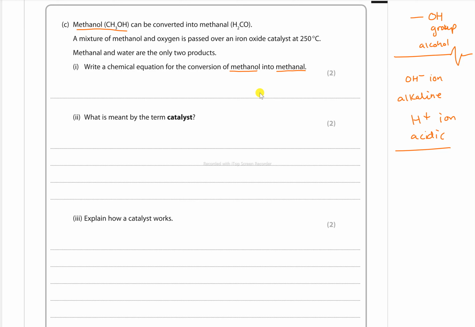A mixture of methanol and oxygen is passed over an iron oxide catalyst at 250 and you end up with methanal, plus water. So methanol, they've given you that, plus oxygen. That was the easy part. Now we need to balance it.